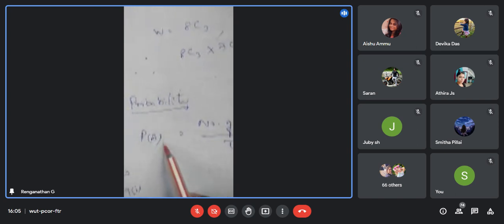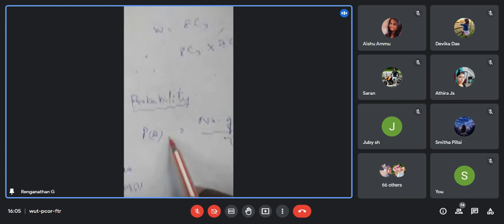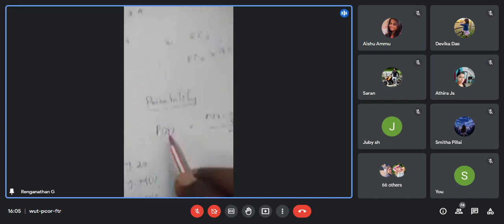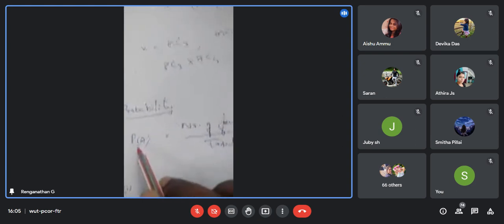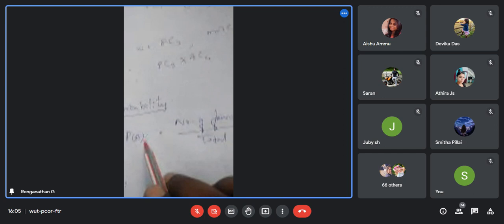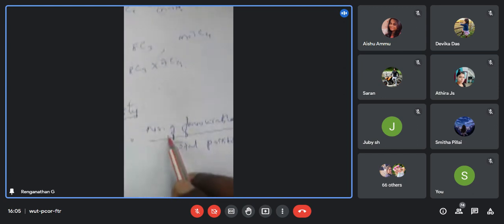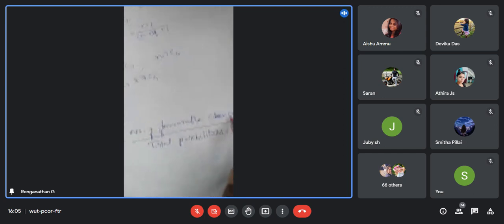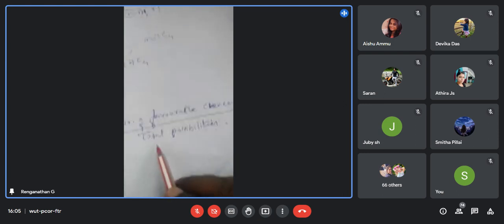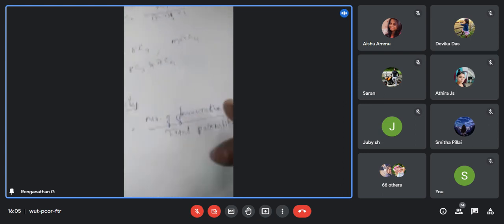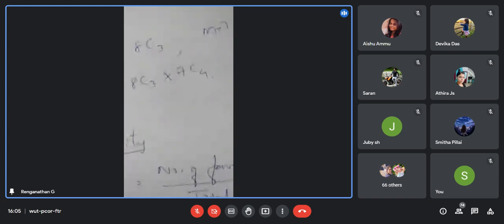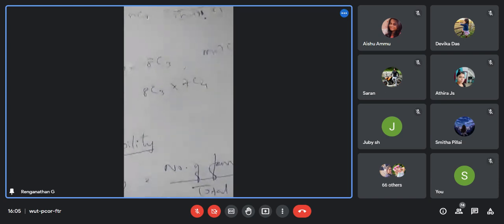So the probability of happening something which is A, denoted as A here, can be calculated by using this formula: number of favorable chances divided by total possibilities. Okay, this formula is to be used to find the probability.